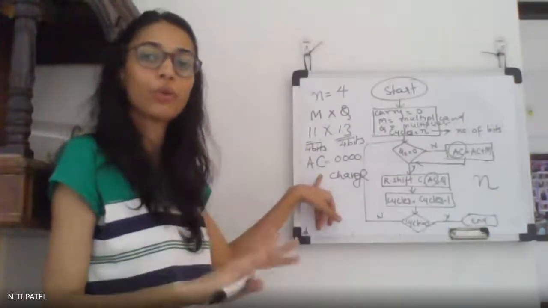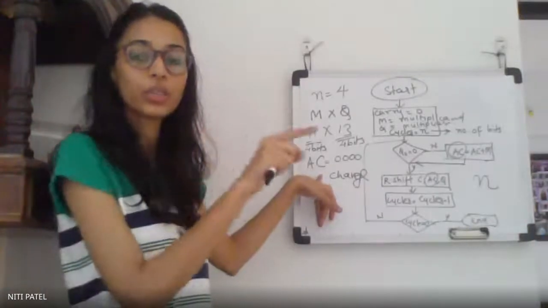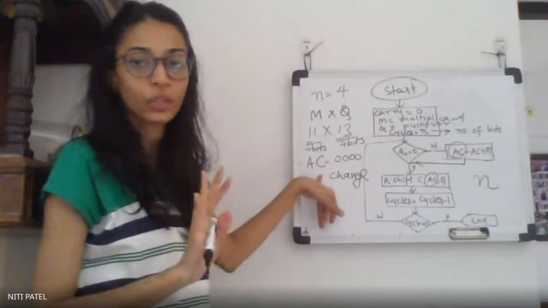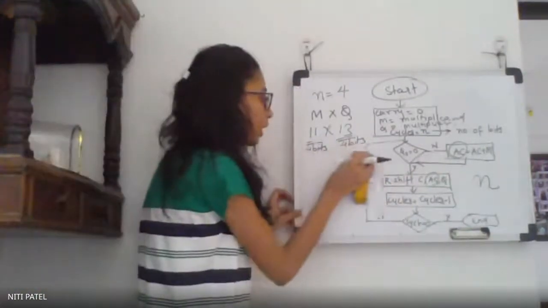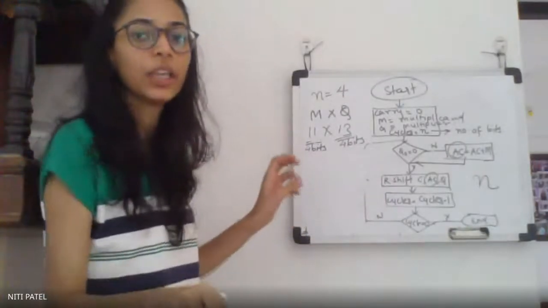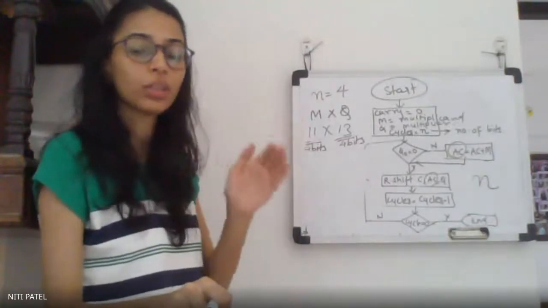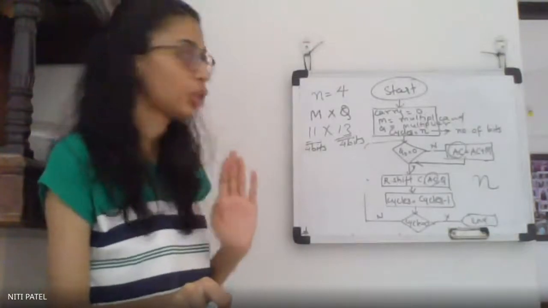Many a time it will be 4 or 5, but if it is not mentioned, like how we use 8 in addition, in multiplication you have to use 4 bits. So this AC is the accumulator used to store the result, and initially all 4 bits will be 0, but as you keep multiplying, it will keep changing.